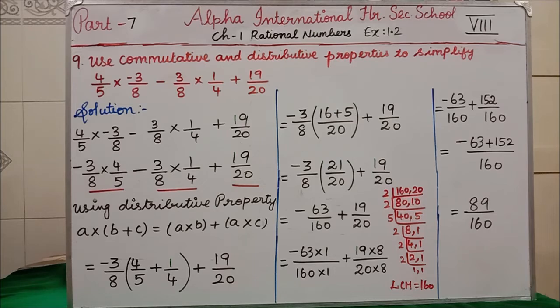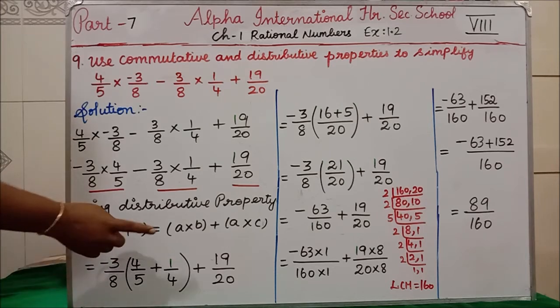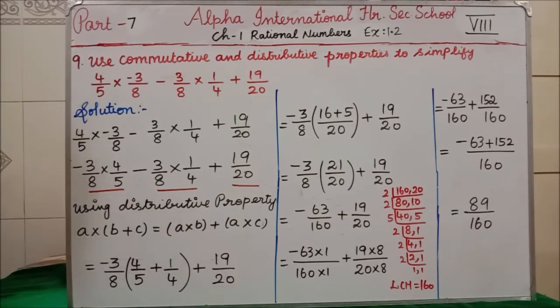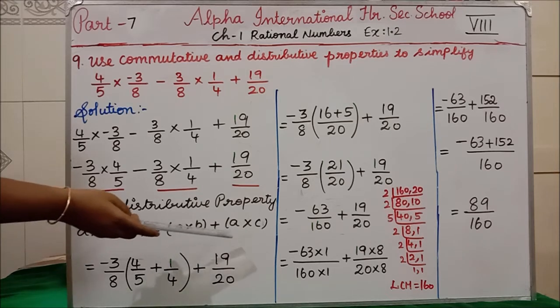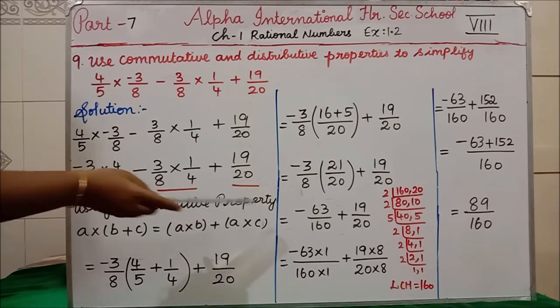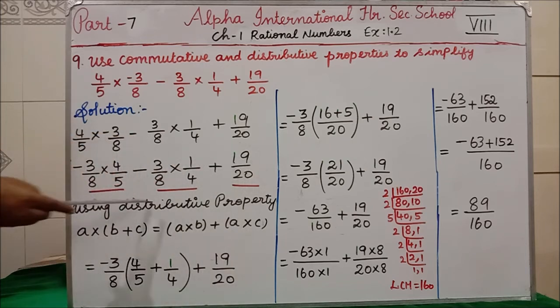Now we are going to use the distributive property. What is the distributive property formula? A into (B plus C) equals A into B plus A into C. Students, carefully listen. This part, A into B plus A into C, is what they have given in the question. How?